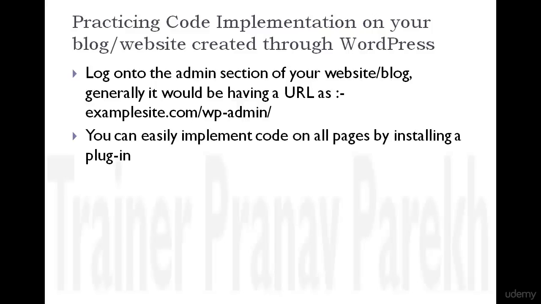And within that, if you are familiar with WordPress, you would know there are some easy plugins in WordPress. A plugin is a kind of automated tool which does a lot of required things in any website. Like there could be a plugin for putting a code on all pages of your site, like we did in the second method in Blogger.